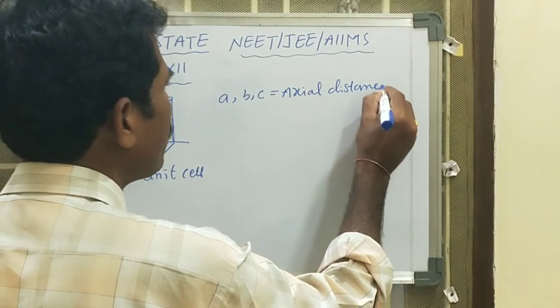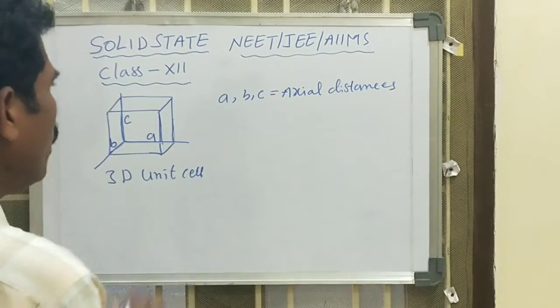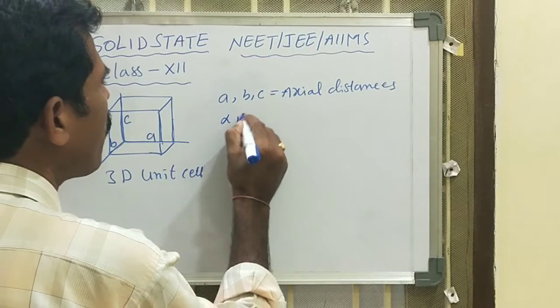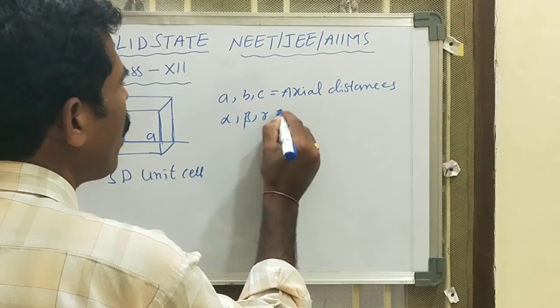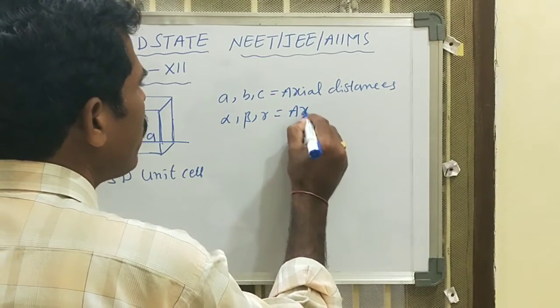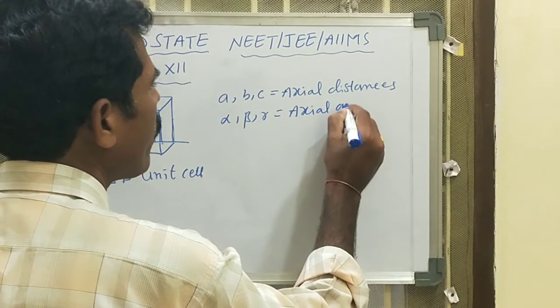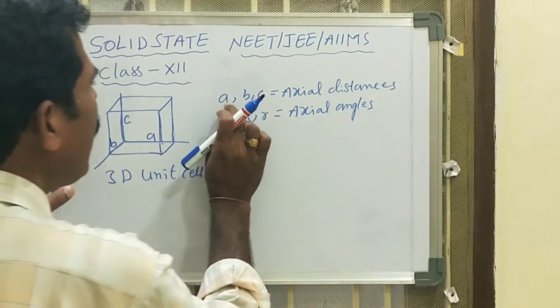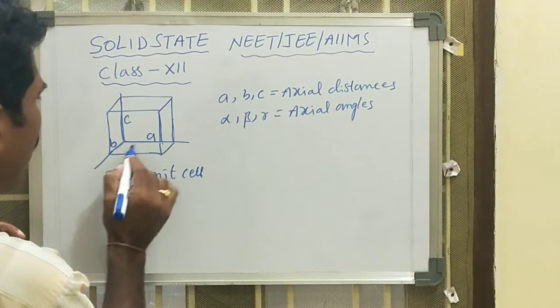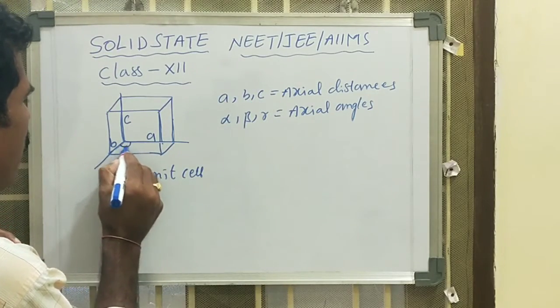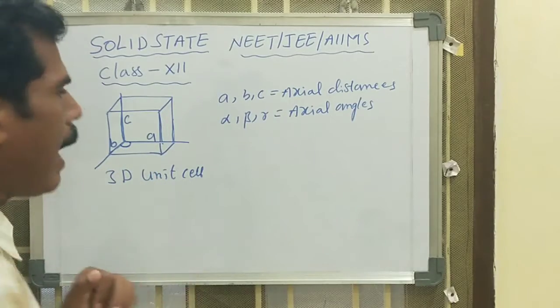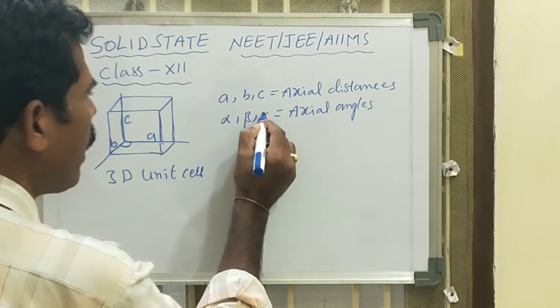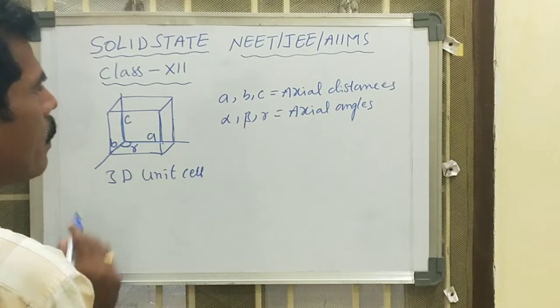Alpha, beta, gamma are axial angles. Between A and B, this area will make an angle that is represented by gamma.